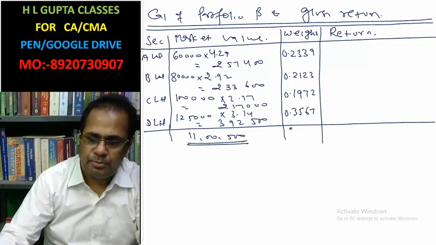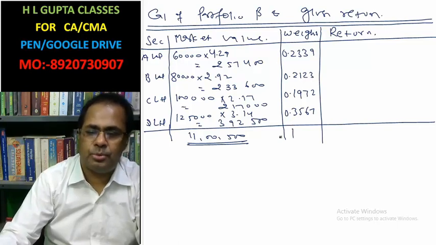This is the weight. What is the sum of the weights here? The sum of the weights is 1.